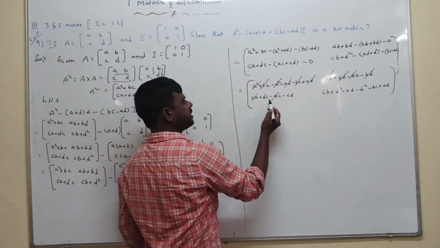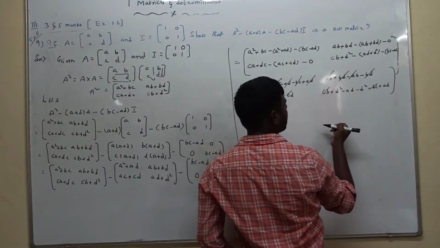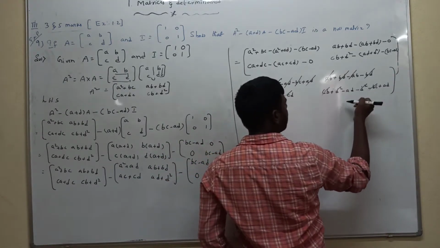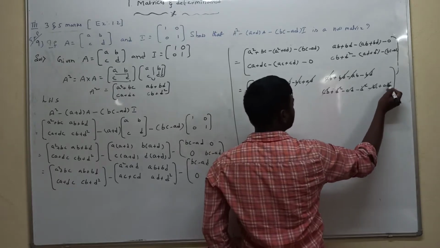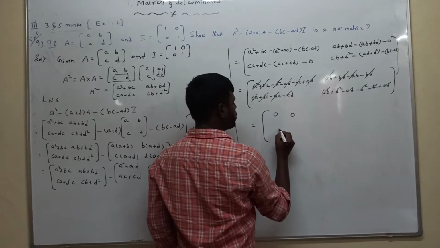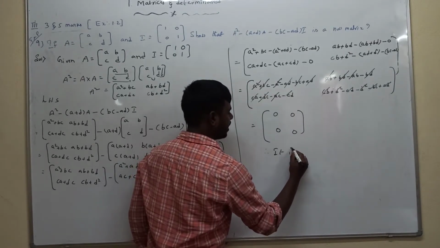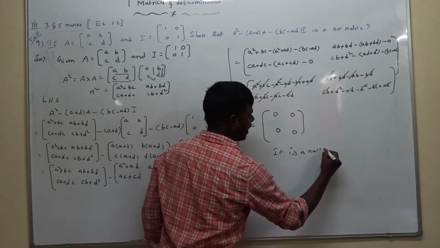So ca cancels, plus cd minus cd cancels, plus cb minus bc cancels, plus d square minus d square cancels. Finally, each element is 0. So that's why it is a null matrix.